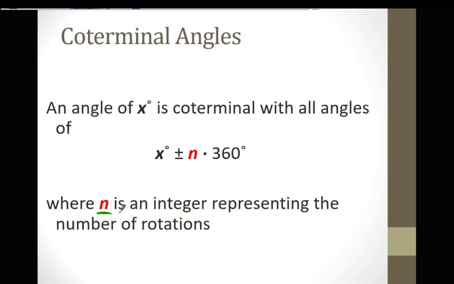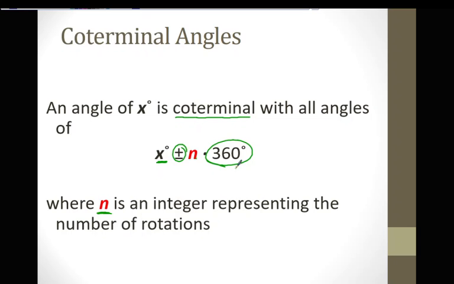So if N is 1, you're 360 degrees different. If N is 2, you're talking about a 720 degree difference. If N is 3, it's 1,080 degrees difference. Okay, that's all it's saying: if you're finding a coterminal angle with another angle, all you do is add or subtract 360 degrees.